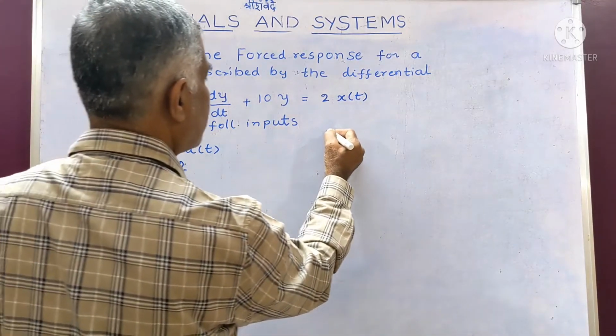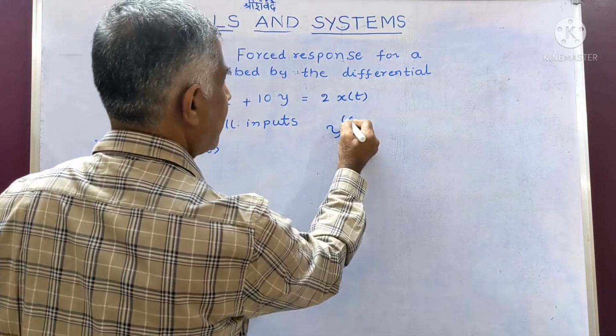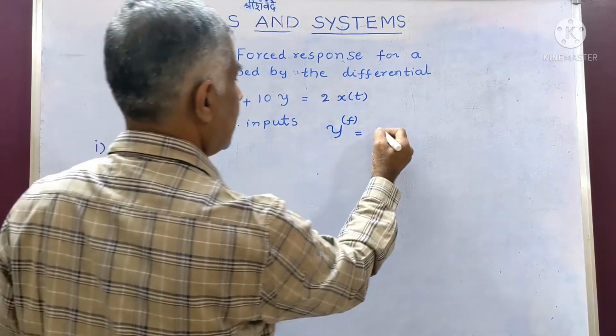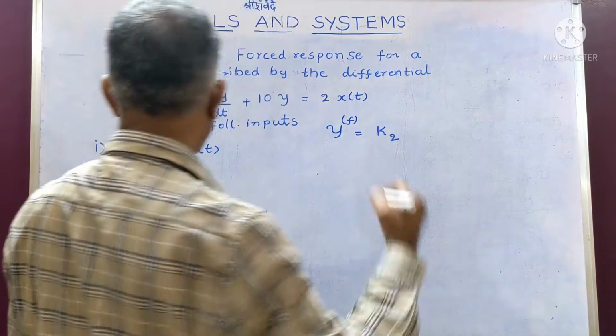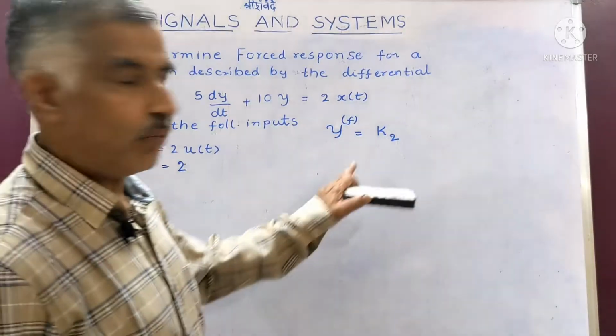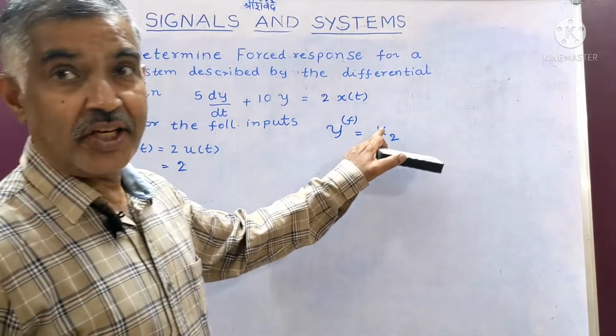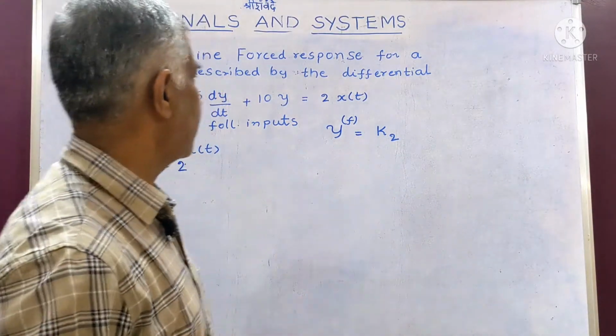Now what is the forced response? The forced response is of the form K2. Another constant, not this constant, another constant.